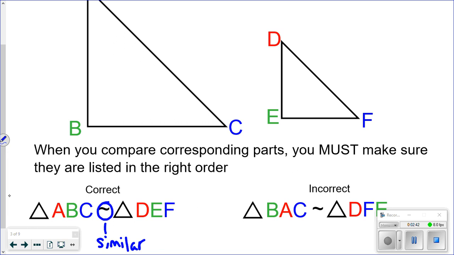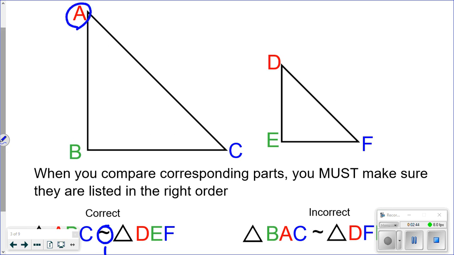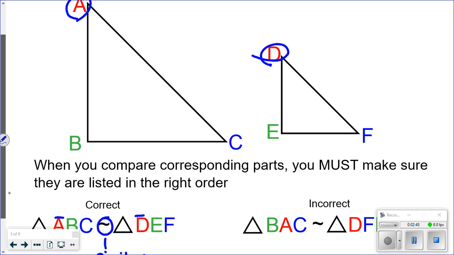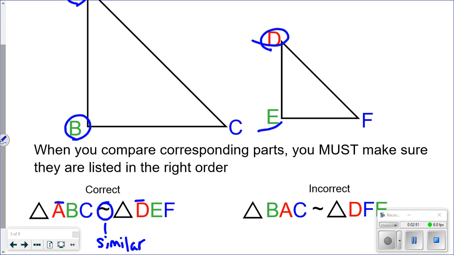And notice that the corresponding sides are listed in the same order. There's A, there's D. Then we have B and E, and C and F, listed in the same order. When you write that something is similar, it has to be listed in the same order.